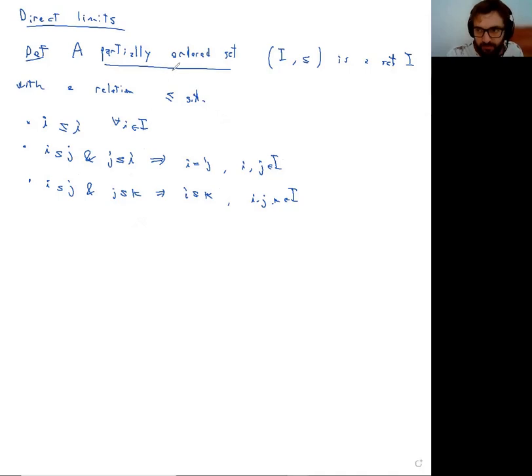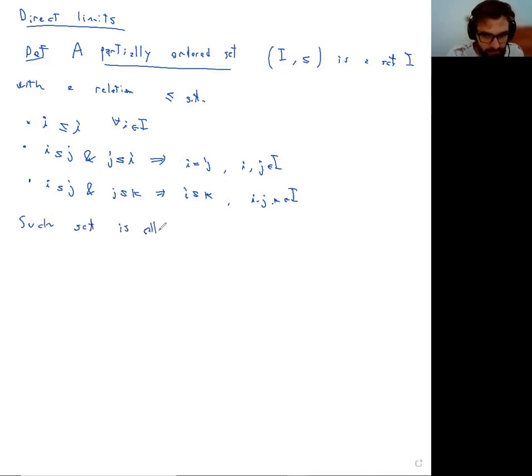Okay, so this is different from a totally ordered set, because in a totally ordered set, for any two elements, you always have that one is less or equal than the other. Well, here we don't require that. And furthermore, this is probably something you've never seen.